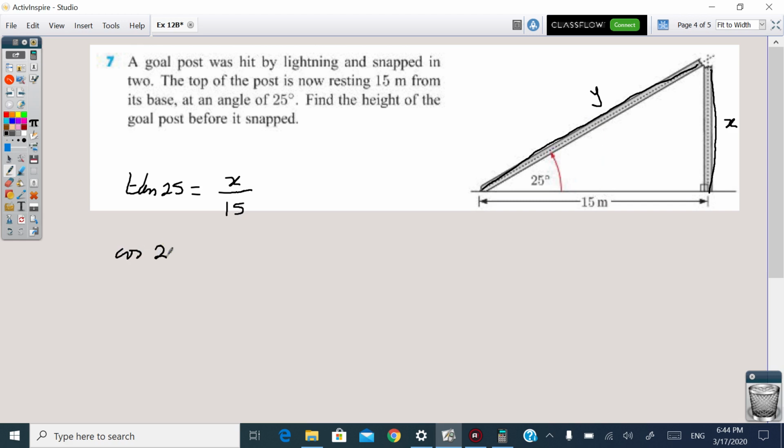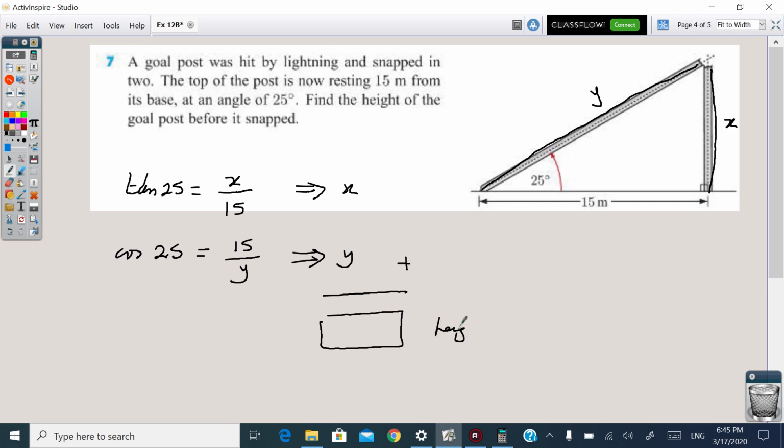So cosine 25 is equal to 15 over y. This gives us x, you can evaluate that, and this gives us y, you can evaluate that, and then you add the two together to give you the height of the post.